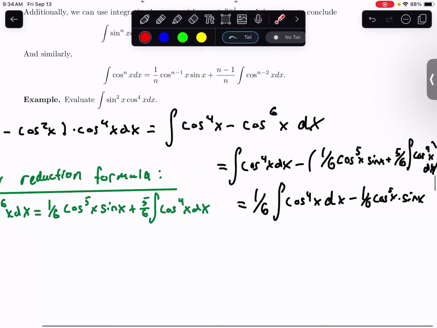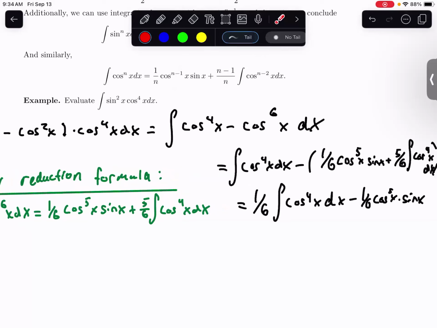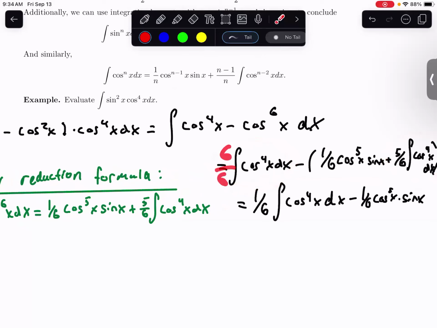Oh, yeah. So where this comes from is we already had the integral of cosine to the 4th power dx. And we also have a 5 over 6 times the integral of cosine to the 4th power of x inside of this quantity here. So we're just taking this integral and then subtracting 5 over 6. So it's like saying we have a 6 over 6 times this integral, and then we're subtracting the 5 over 6.